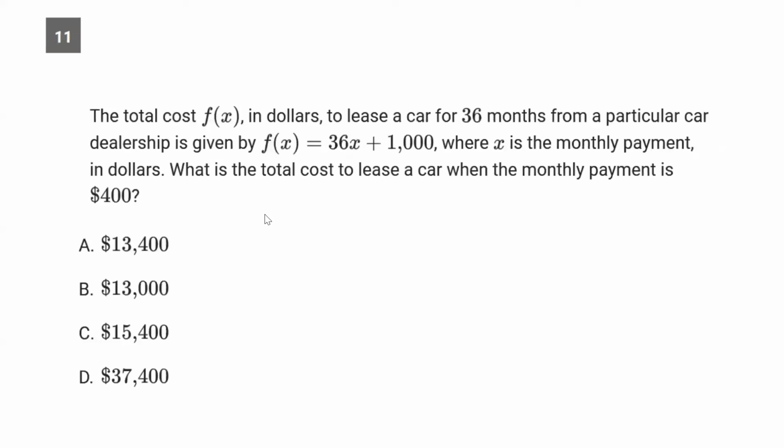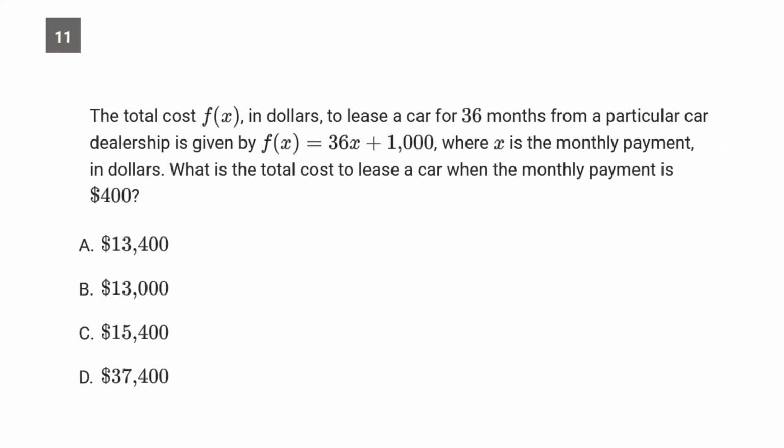The total cost f of x in dollars to lease a car for 36 months from a particular car dealership is given by f of x equals 36x plus 1,000, where x is the monthly payment in dollars. What is the total cost to lease a car when the monthly payment is $400?